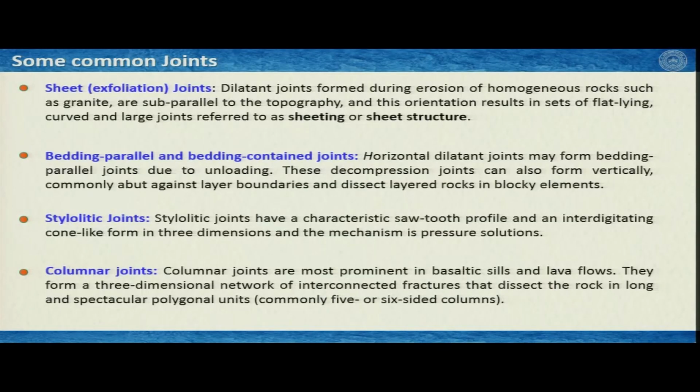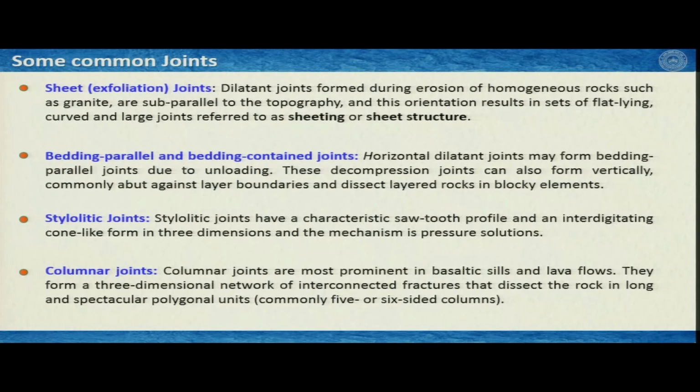One is sheet or exfoliation joints, mostly seen in granitic rocks. These are dilatant joints formed during erosion of homogeneous rocks such as granite. They are subparallel to the topography, and this orientation results in a set of flat lying, curved and large joints referred to as sheeting or sheet structure.